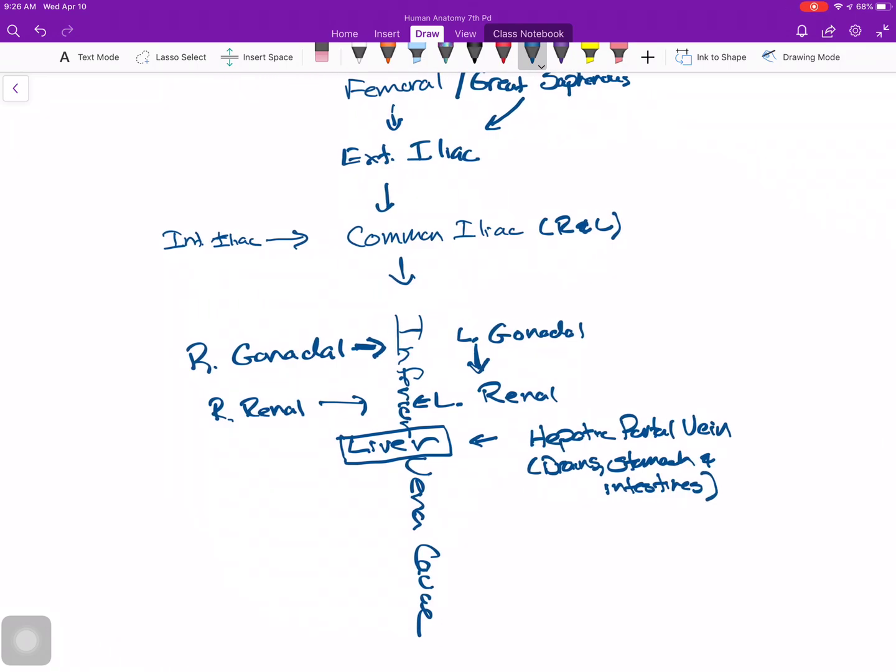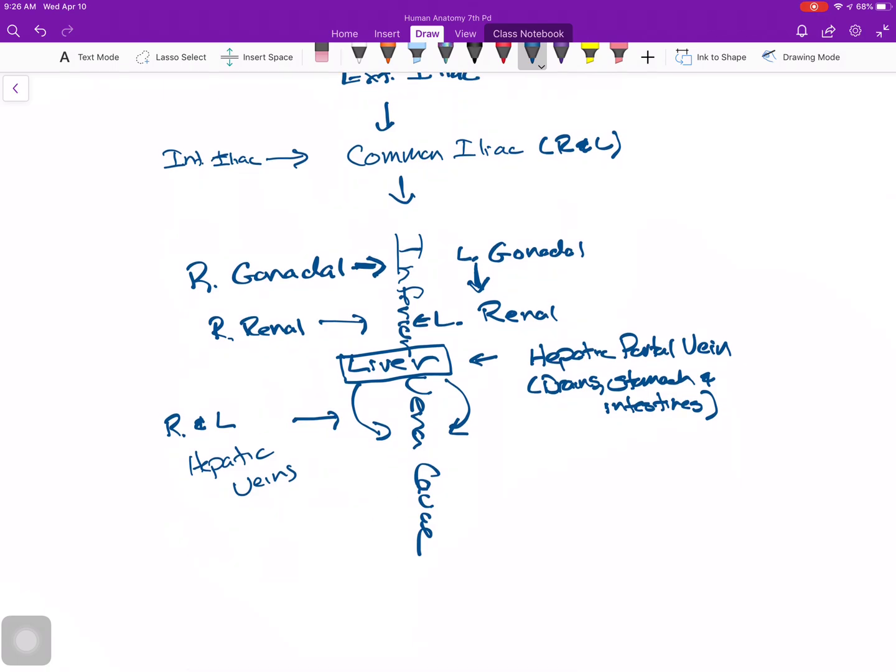Now, coming out of the liver, going into the inferior vena cava, are going to be your right and left hepatic veins. And that empties into the inferior vena cava, which eventually goes into the right atrium.